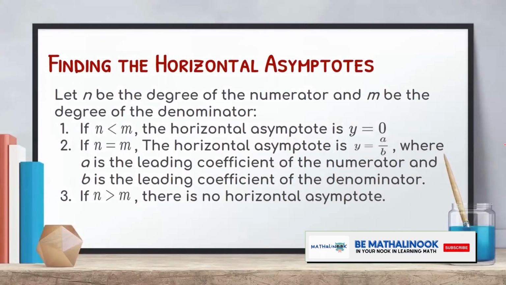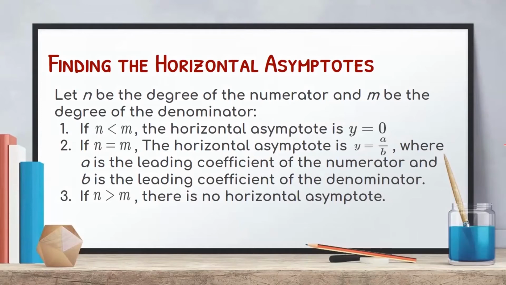On the other hand, to determine the horizontal asymptotes, we have the following steps. Let n be the degree of the numerator and m be the degree of the denominator. Remember that the degree is the highest exponent of the variable. If n is less than m, the horizontal asymptote is y equals 0.